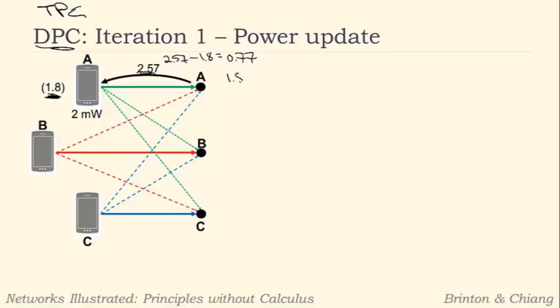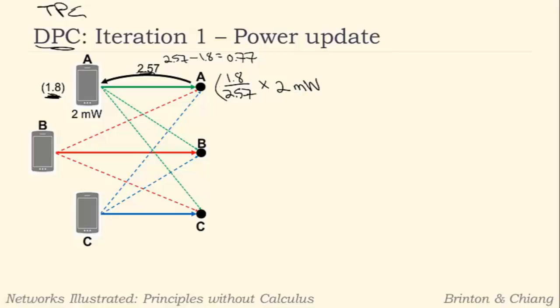If we take 1.8 and divide that by 2.57, we get a quantity that's less than 1. And it's that specific quantity which tells us how much higher the current SIR is than the desired SIR.